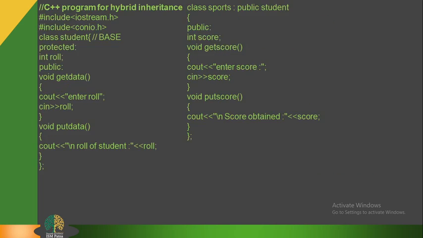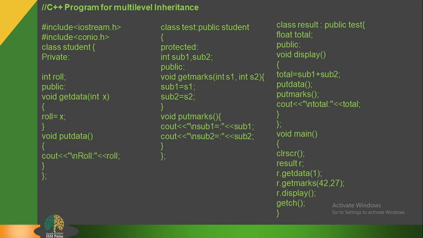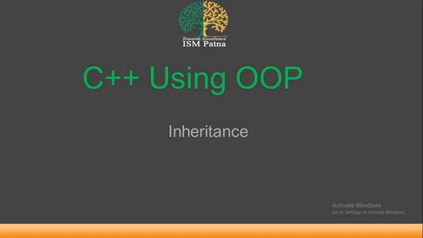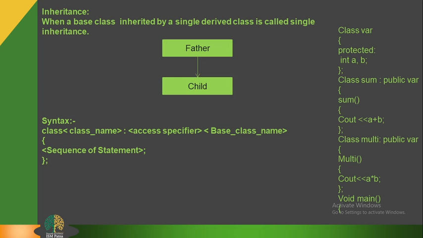So these are the categories of inheritance in C++. But in Java we cannot use multiple inheritance and multipath inheritance, because multiple and multipath inheritance both completely depend on the reference of variable, which is not supported by Java.